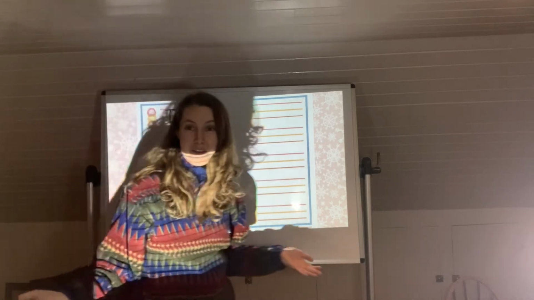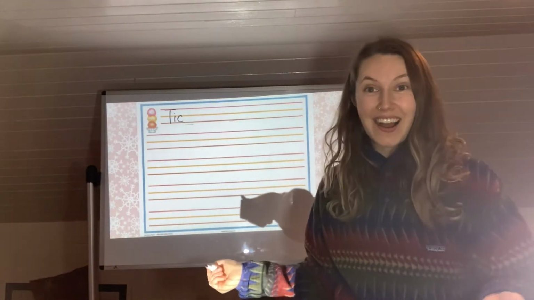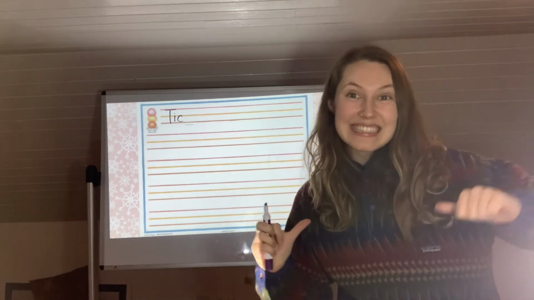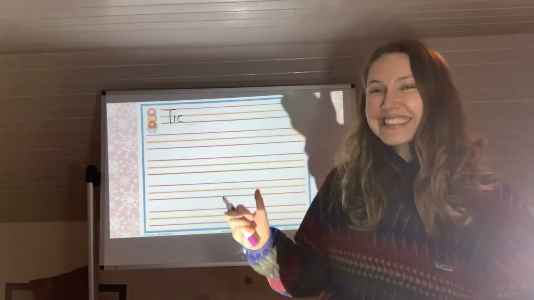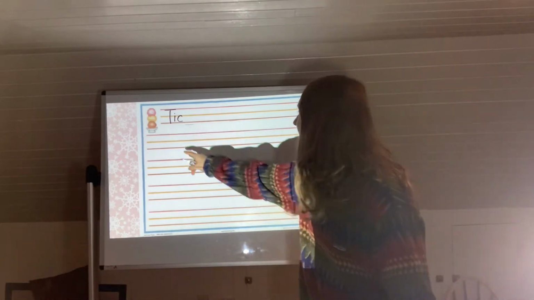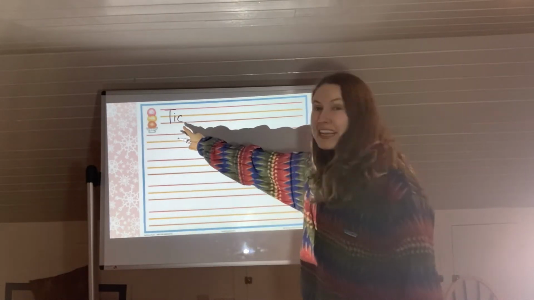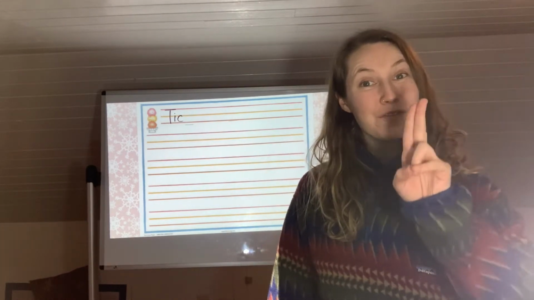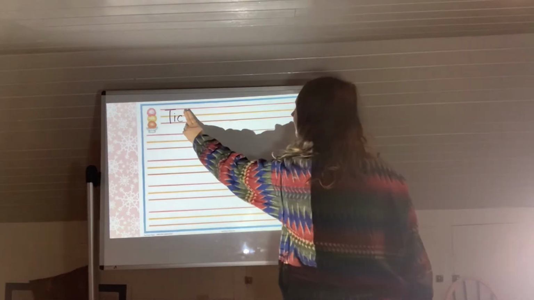You also could have remembered in the Tic Tac Talk song, it tells us how to write her name. She says, I am Tick, T-I-C, that is me. So there we go, Tick, T-I-C. Tick was tumbling on her trampoline. Great job.